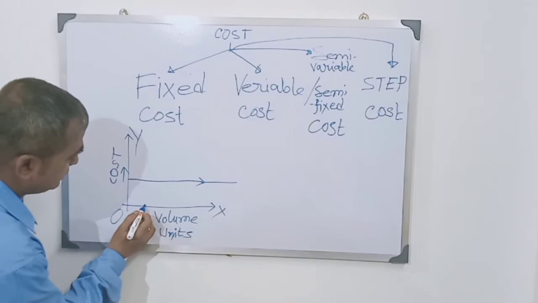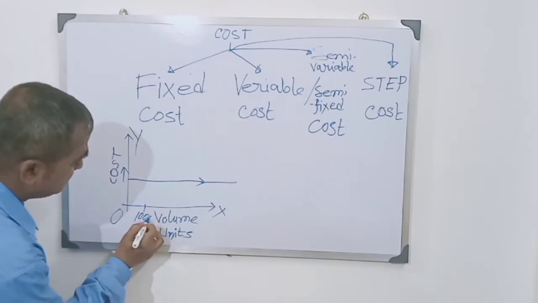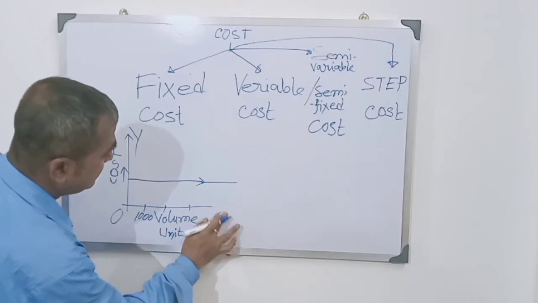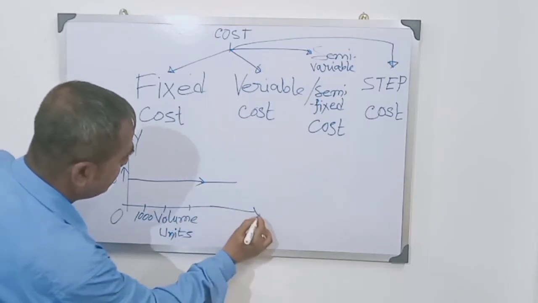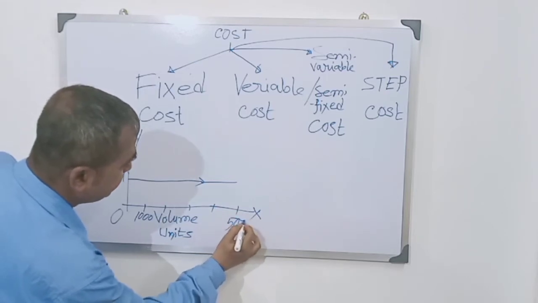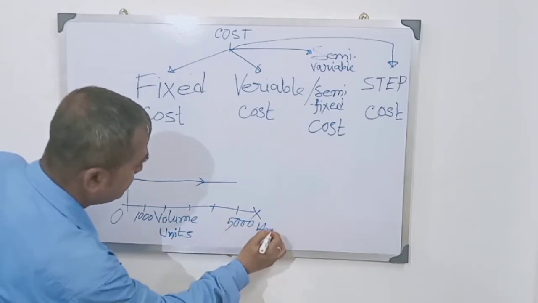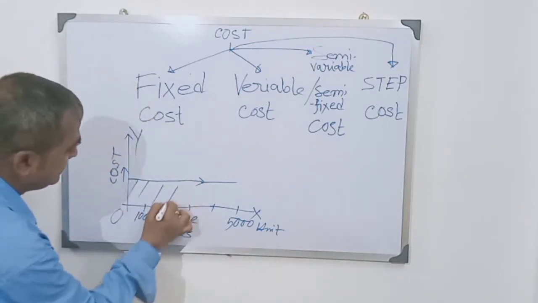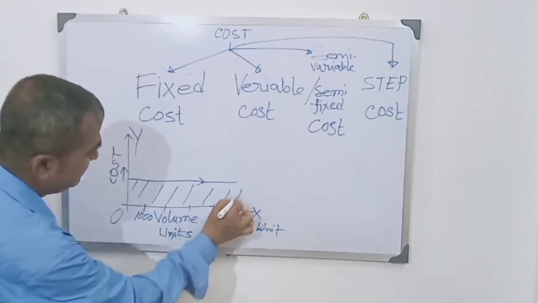You produce 1000 units, you produce 2, 3, say 4000 or 5000 units, the costs remain fixed.